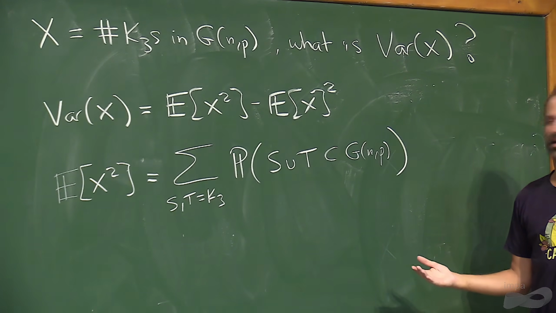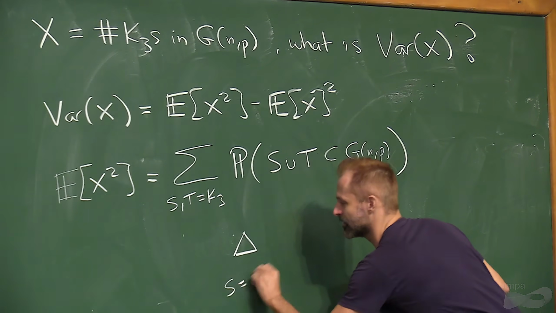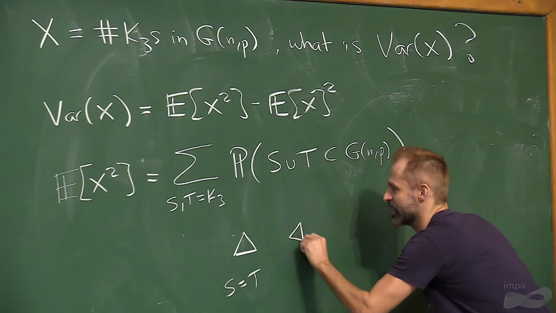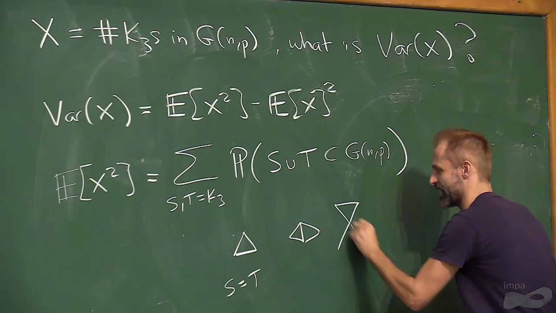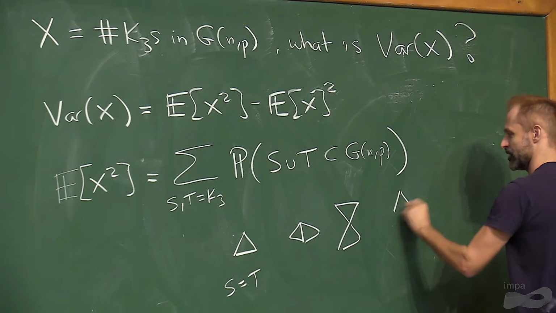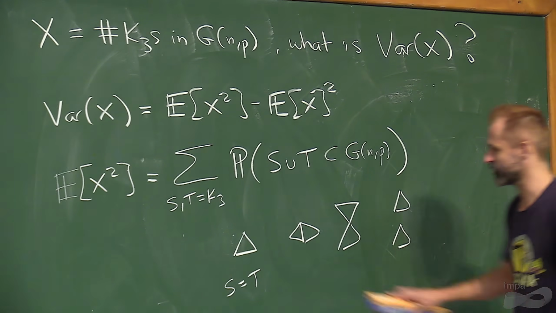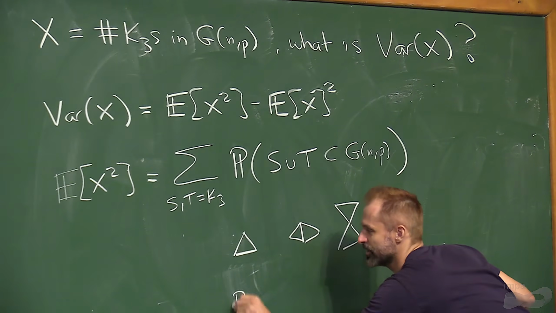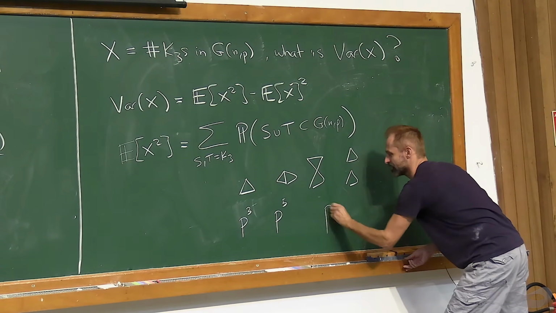What do the triangles look like? The triangles could be the same. They could share an edge. They could share a vertex. Or they could be completely disjoint. Okay, and what are the probabilities in the four cases? Well, there's 3 edges, so p cubed. Here there's 5, and in both of these cases, there's 6.